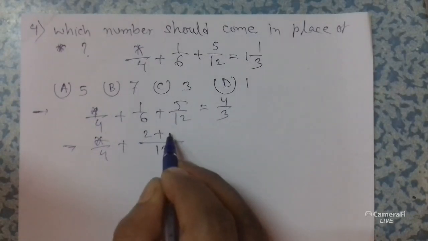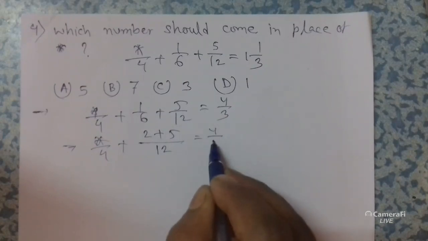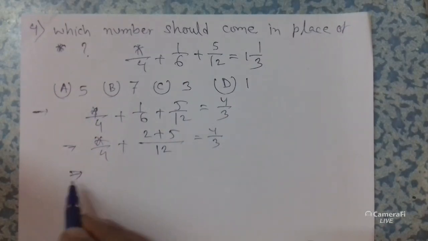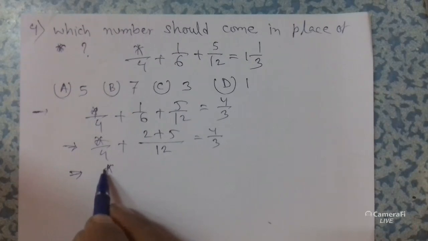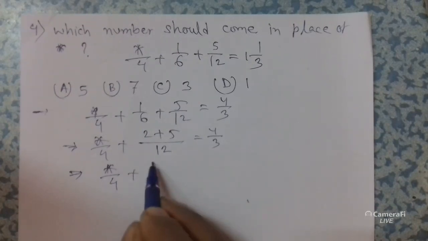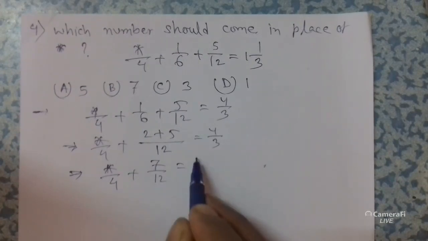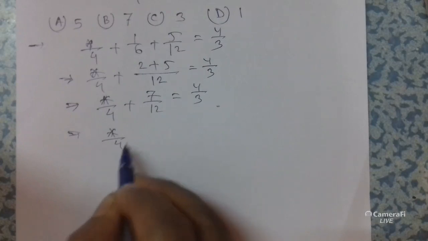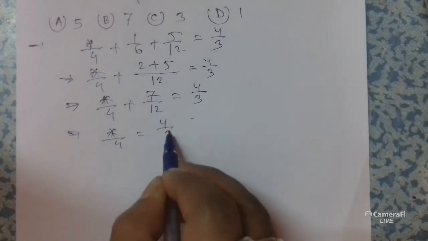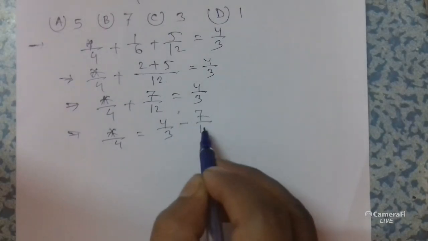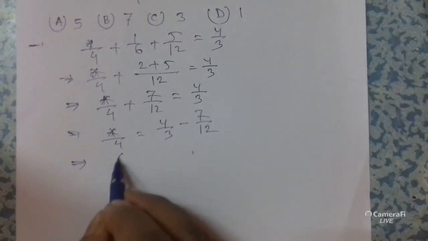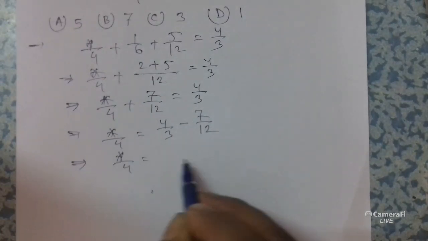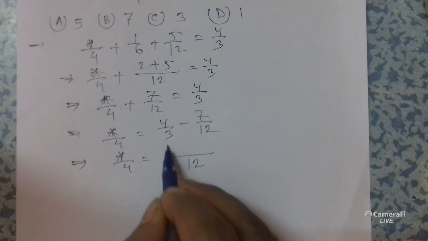So it will be 7 by 12. Now we have to transfer 7 by 12 to the right hand side. So it will be minus 7 by 12. Now again calculate it.